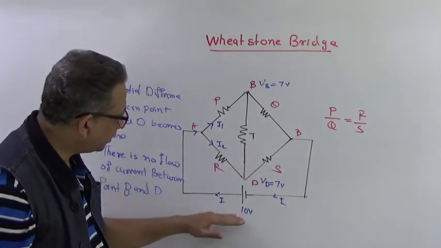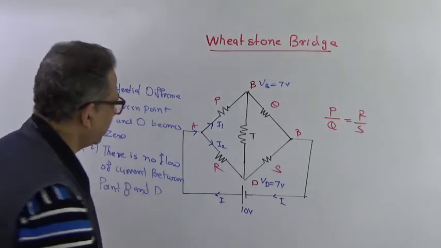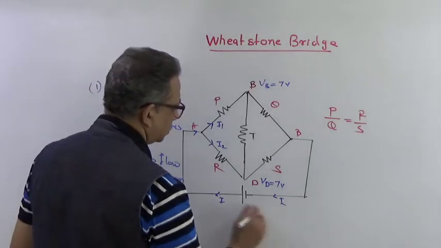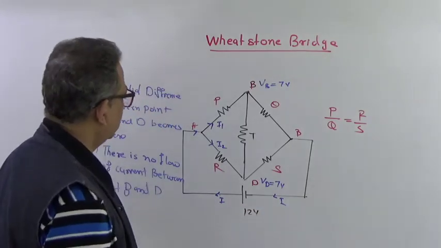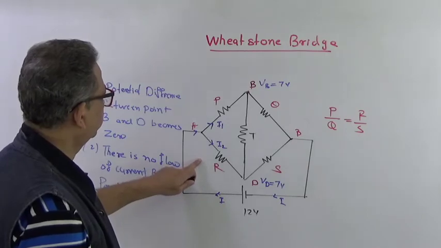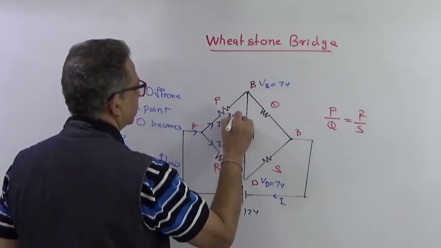Now for this, let us take this as suppose 12 volt, and each of these resistances is suppose say 3 ohms.